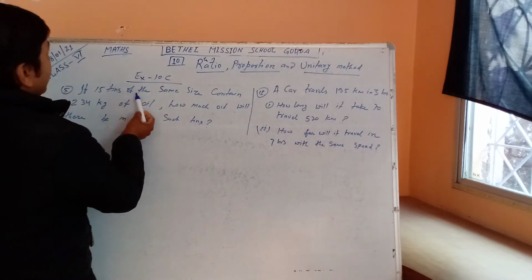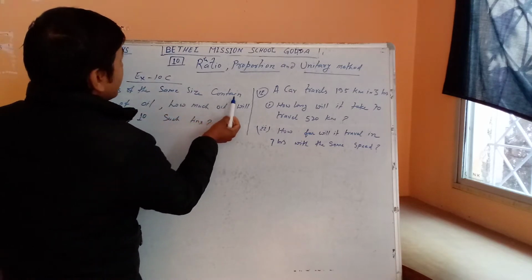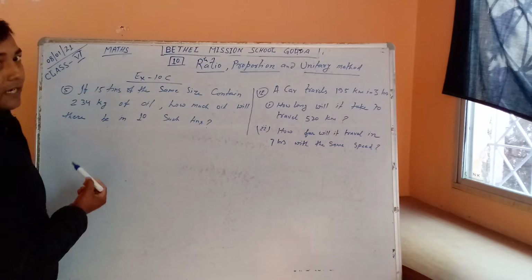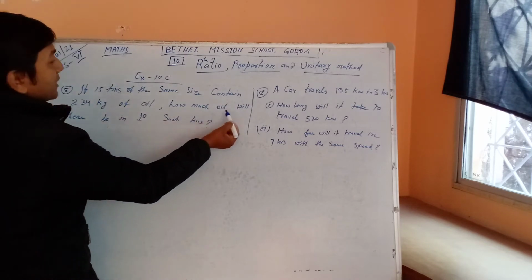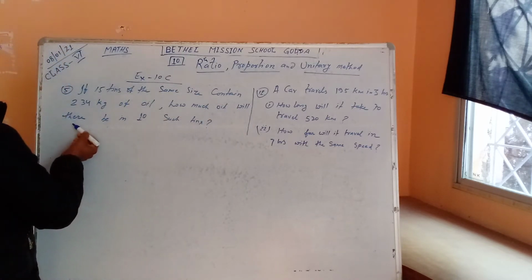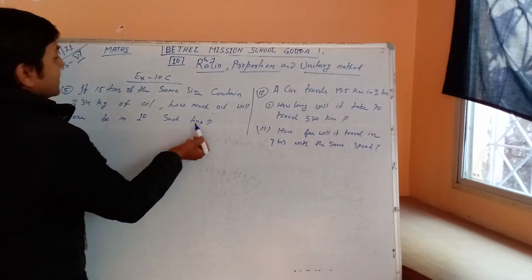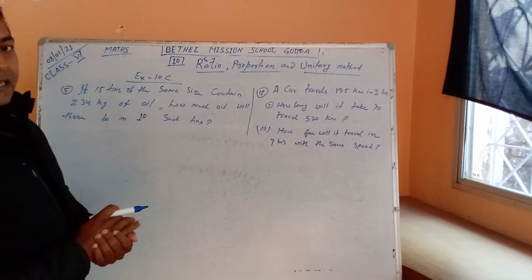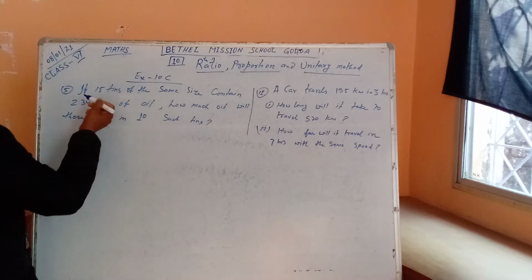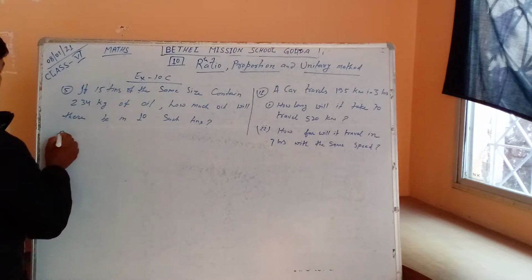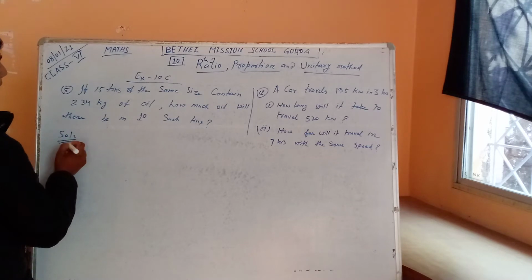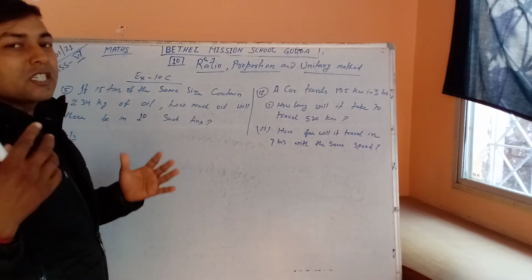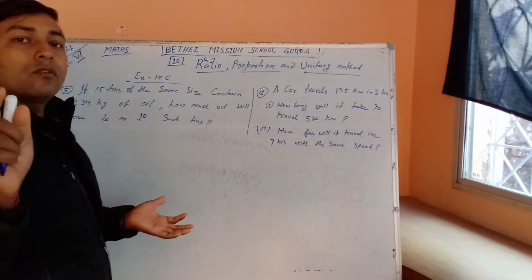If 15 tins of the same size contain 234 kg of oil, how much oil will there be in 10 such tins? You have to find the amount of oil. So first you have to find how much oil is contained in one tin.